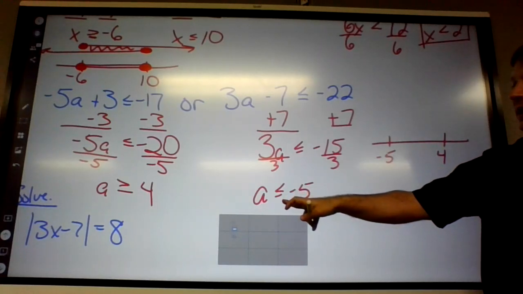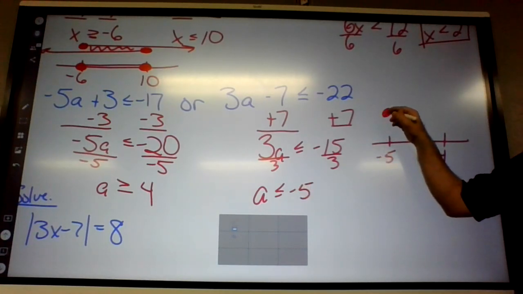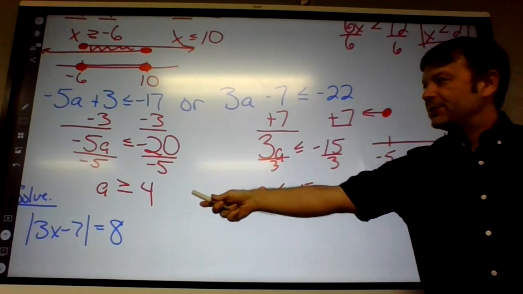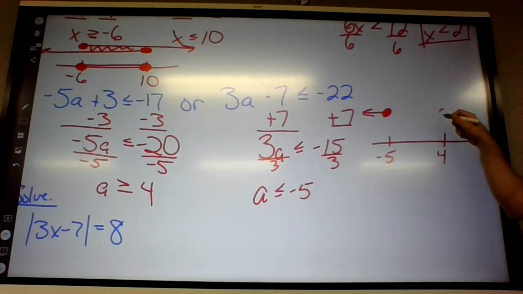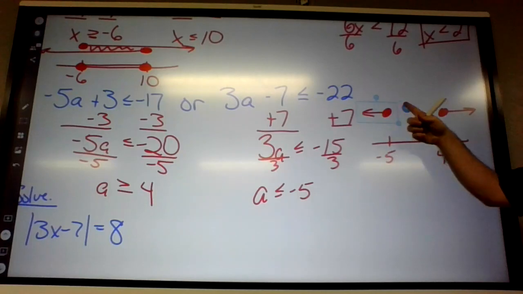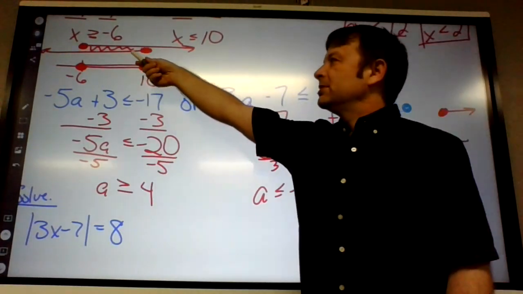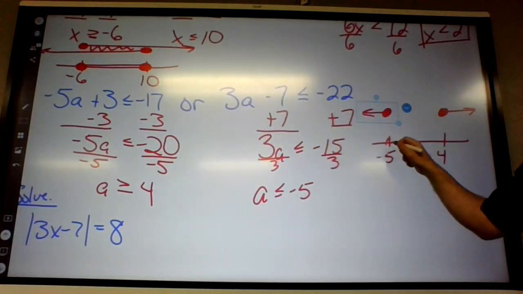Okay, what does A is less than or equal to -5 look like? What does A is greater than or equal to 4 look like? Okay, if it's an or, what are we gonna use on our answer? It can be this or this. They don't have to be together like the last one. So we're just keeping it all.